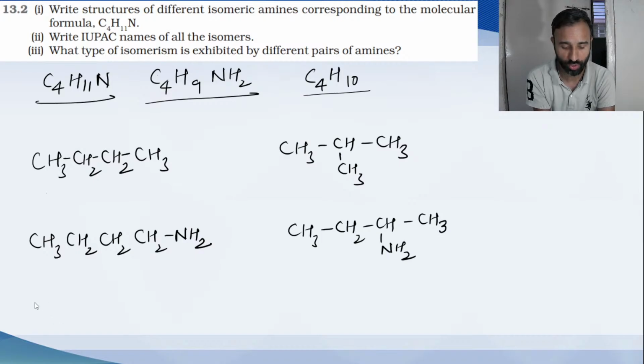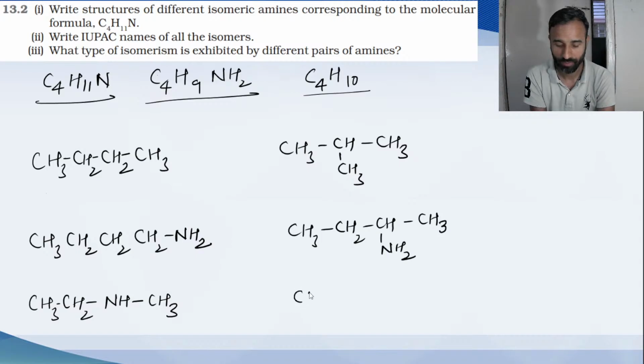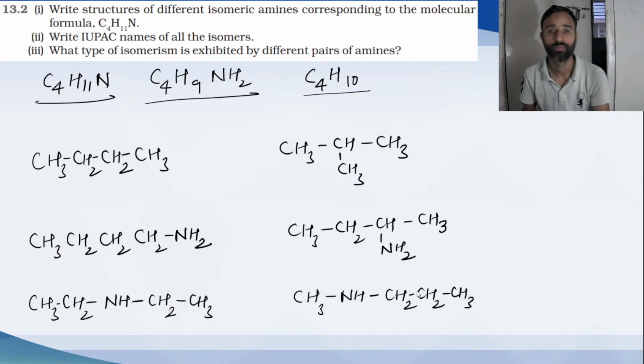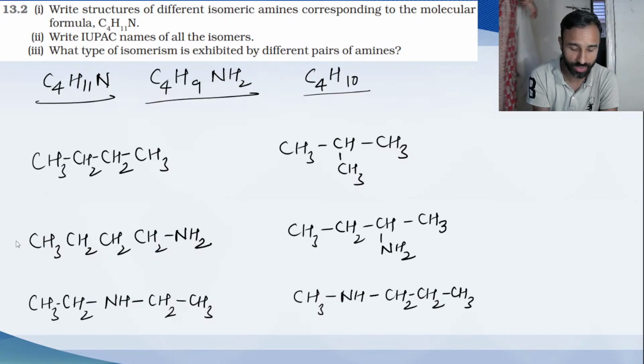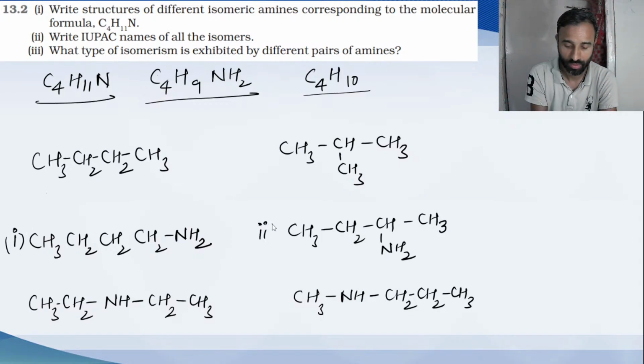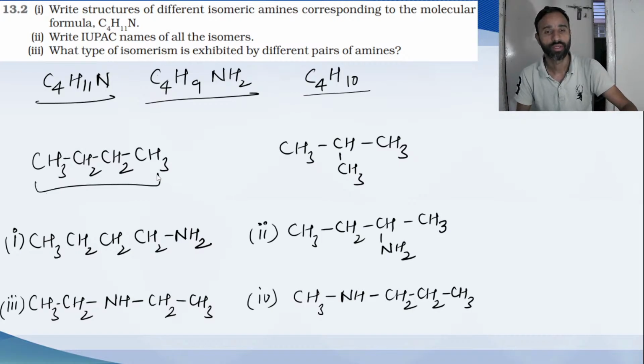There are two types of carbon-carbon bonds: CH3CH2NHCH2CH3, sorry, CH3NHCH2CH2CH3. Okay, these are the four amines from normal butane.